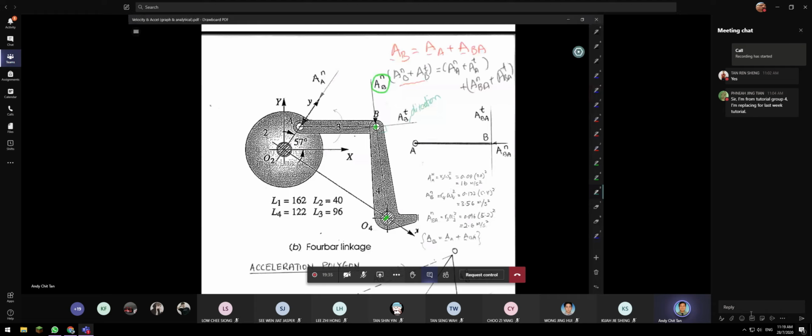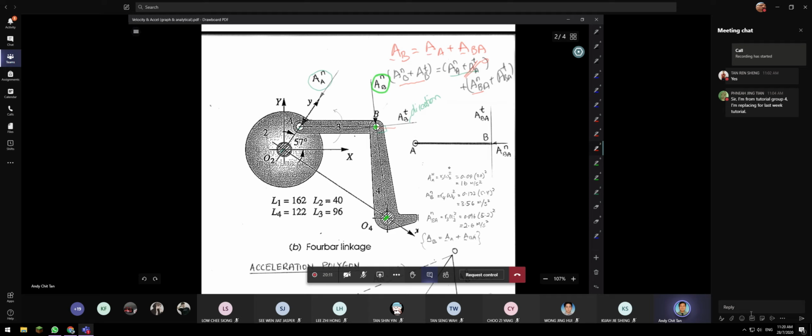Okay, now we need to go to acceleration of A. All right, acceleration of A, you have acceleration of A normal, go from A towards O. The direction of arrow is going down. That's what I draw here. Okay, and because the rotating is constant, therefore this term is 0. Okay, so we don't have to draw the component at point A. All right, now we need to draw acceleration of BA normal. BA normal is actually in this line here.